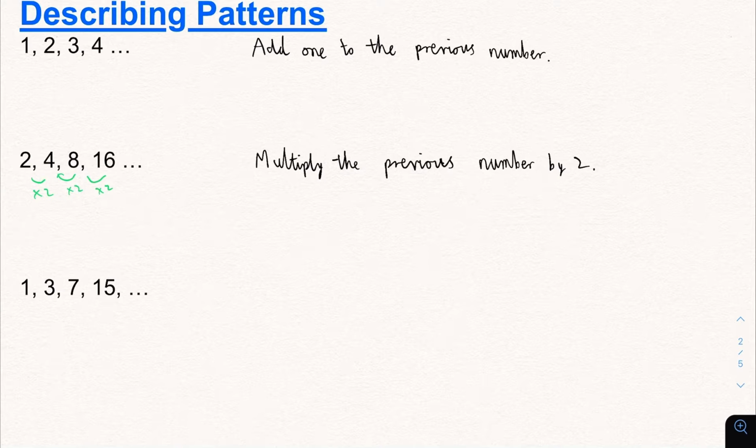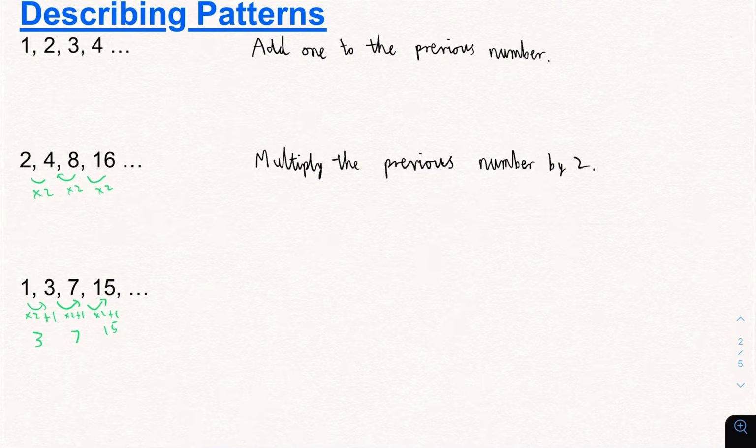Now for the third one, it's a little more complex than the last two, but here we go. To get to 3 from 1, you multiply 1 by 2 and you add 1. If you multiply 3 by 2 and you add 1, you get 7. And if you multiply 7 by 2 and you add 1, you get 15.